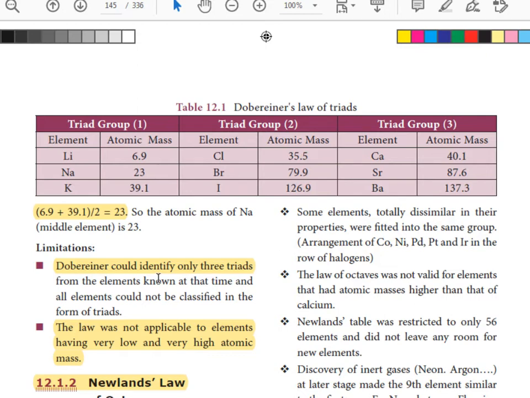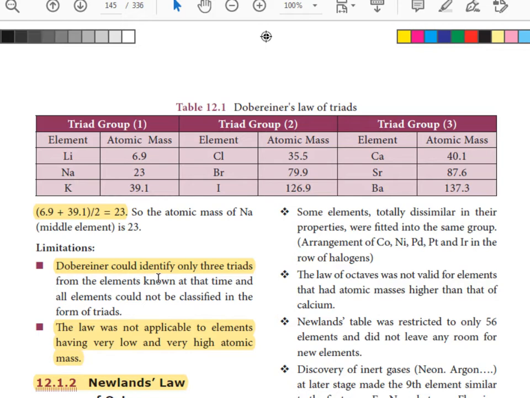Like that, the octave of music is similar to Newlands' law of octaves. That is why we call it the law of octaves. Like the Indian music sa ri ga ma pa da ni, where sa starts again after 7 notes, similarly if you arrange the elements in a particular order, the first and the 8th element have similar character; again after 7 elements, the next 8th element has similar characters.